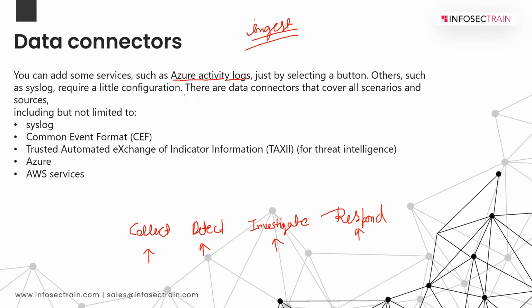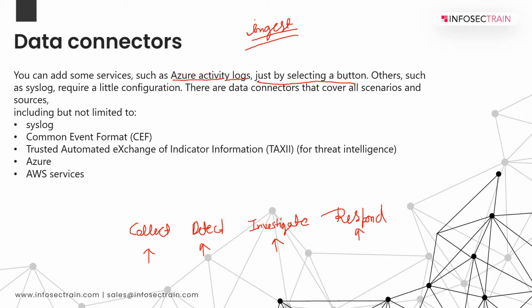Then you can investigate those logs and detect if something suspicious is happening. But first you need to ingest all that data. Most of the time you'll see it described as just a button.